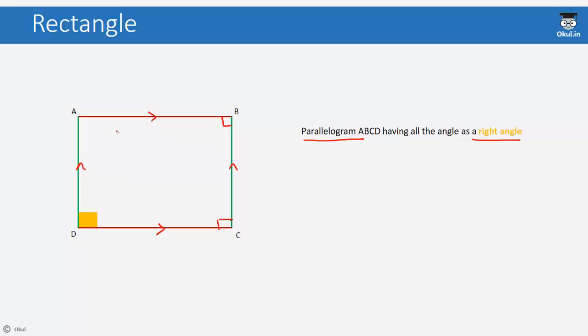Angle B and angle A must be 90 degrees. To satisfy the condition of a rectangle, this quadrilateral must have AB parallel to CD, AD parallel to BC, and angle A equals angle B equals angle C equals angle D equals 90 degrees. If all these conditions are satisfied, then the given quadrilateral is a rectangle.